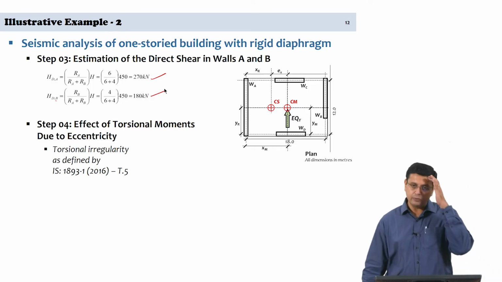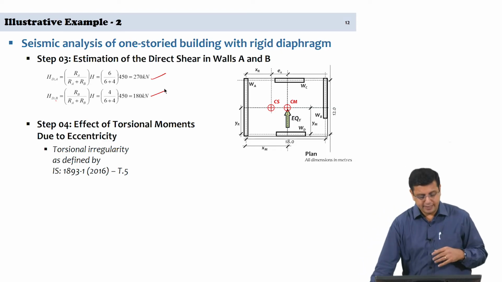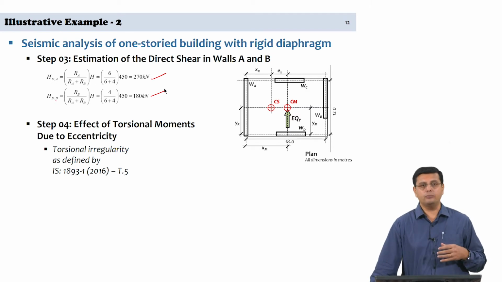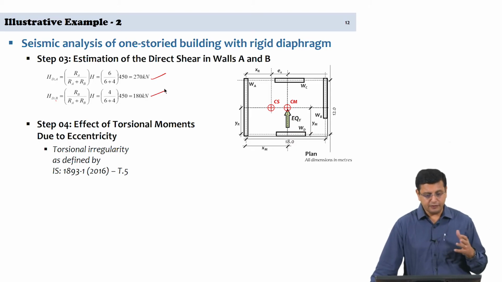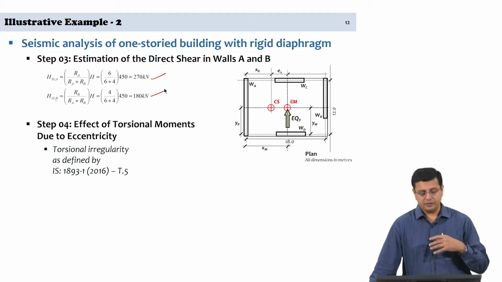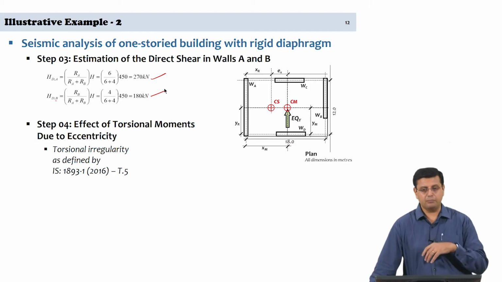At this point, I would like to remind you of what the code IS 1893 part 1 2016 talks of in terms of plan irregularity coming from torsional irregularity. So, plan irregularity can come from different sources, like having a cutout in the plan of the building.